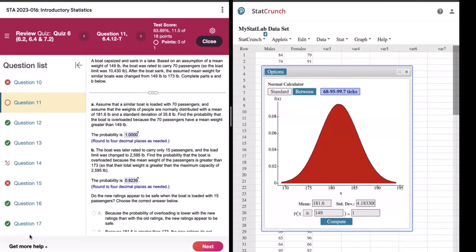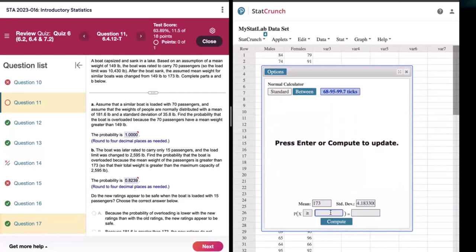I'm trying to figure out part B right now because I totally guessed. I just skipped the question. I'm trying to figure out what to do with the pounds, because that's the load limit. It's not how much was on the boat, so I'm not sure it means anything to us right now. Oh, we need to change the standard deviation. I guess we have to use information from A, because that's the only place the standard deviation shows up.